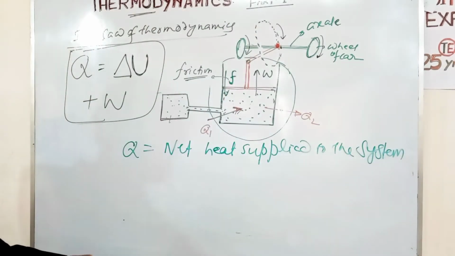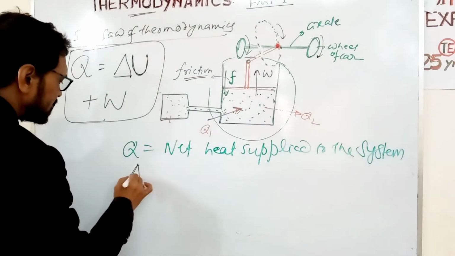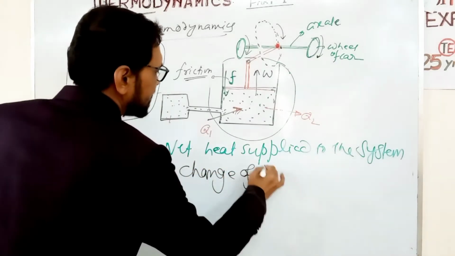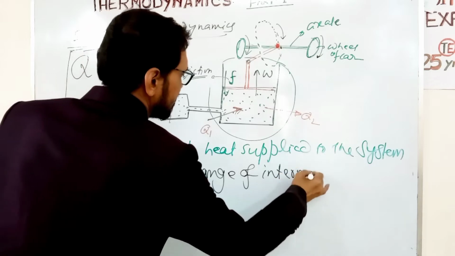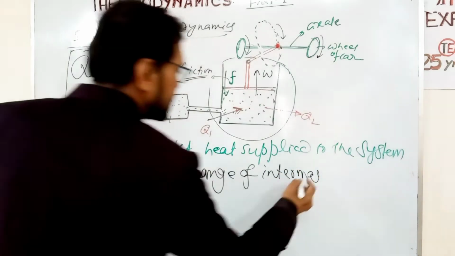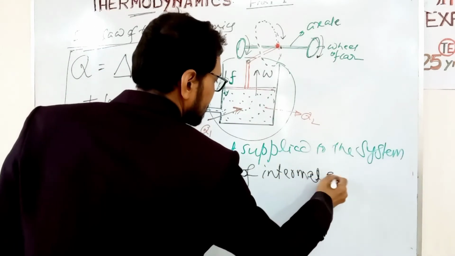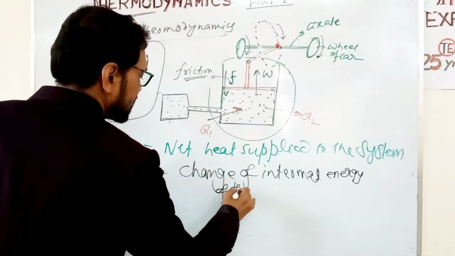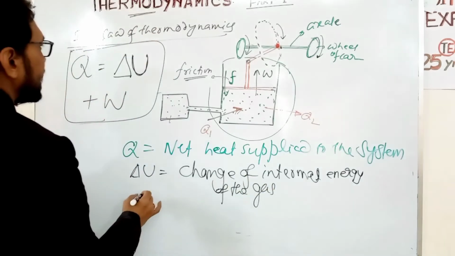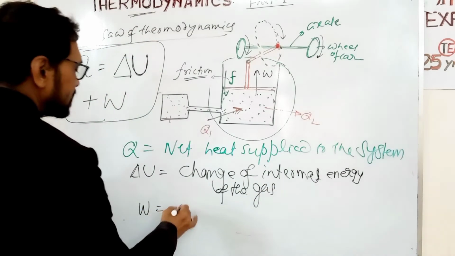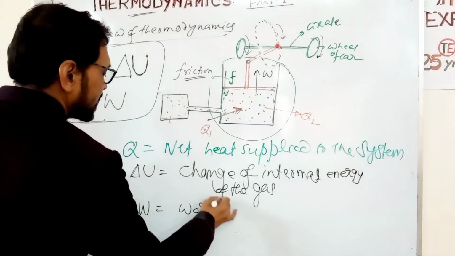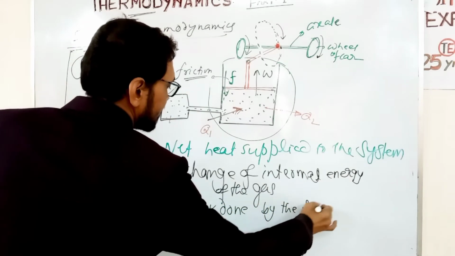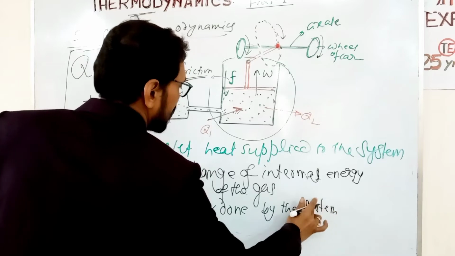Delta U equals change of internal energy of the gas, and W equals work done by the system.